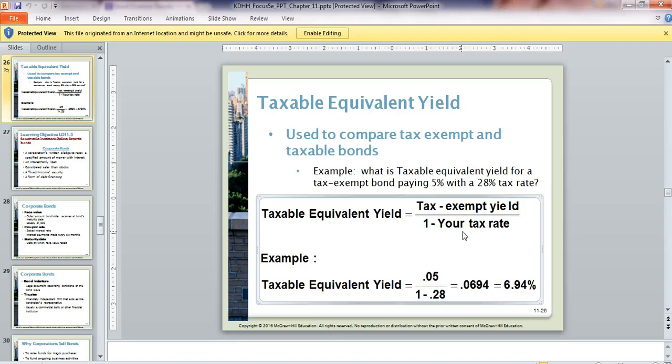So in this example they used 5 divided by 1 minus this tax rate equals 0.0694, or a tax equivalent yield of 6.94%. I'll go ahead and put an example of how to do this out on the home page, because that always comes up as a sample problem on a quiz.